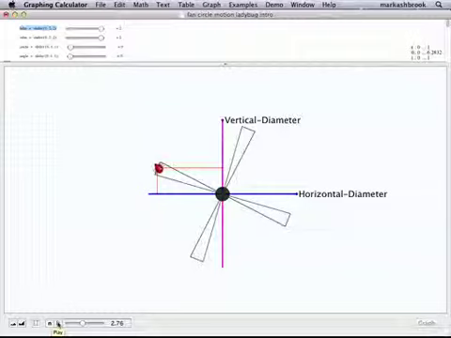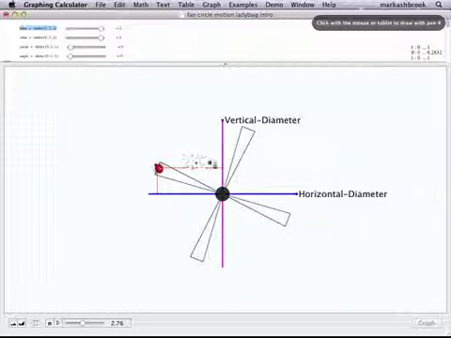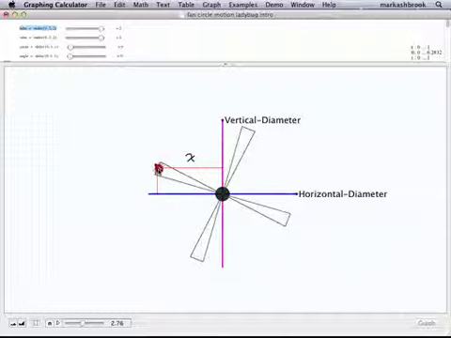What is the horizontal distance from the vertical diameter? X. And what is the vertical distance from the horizontal diameter? It's Y.